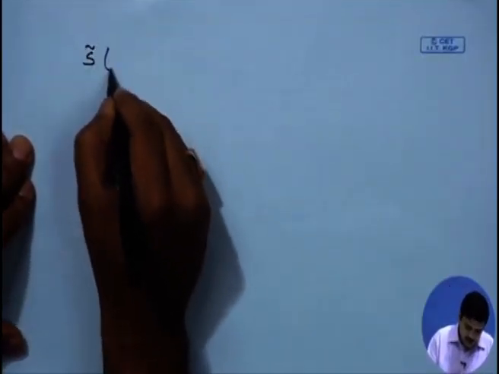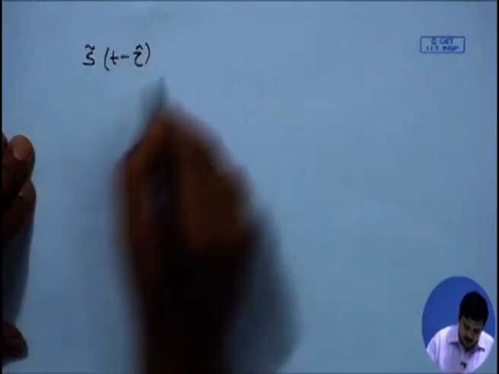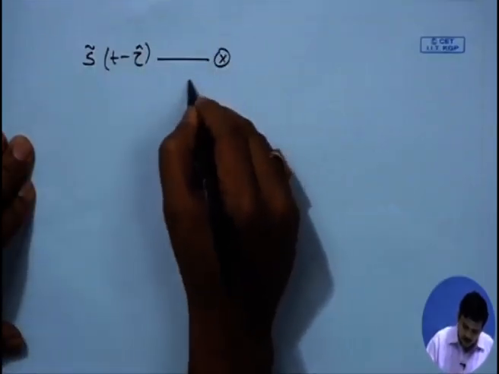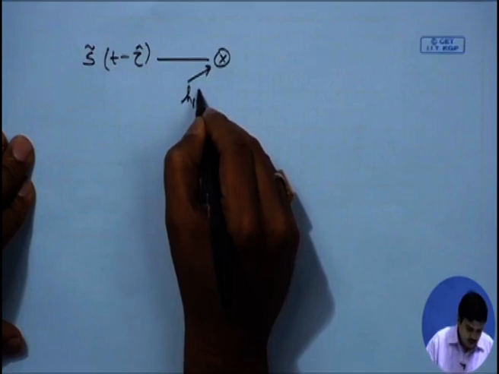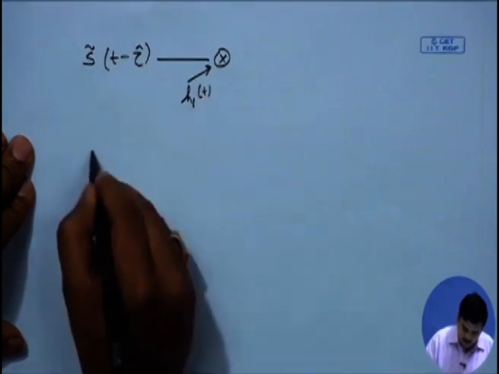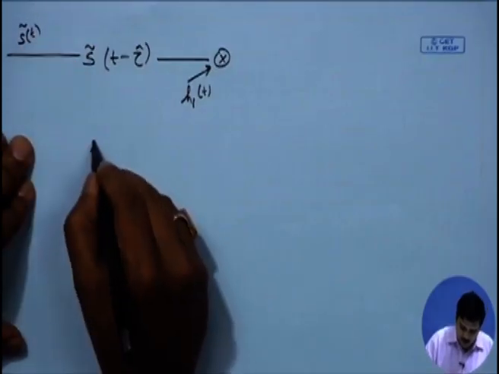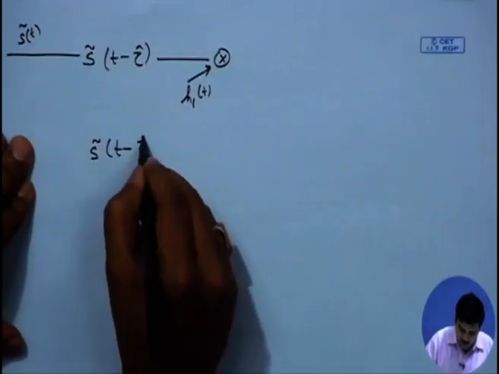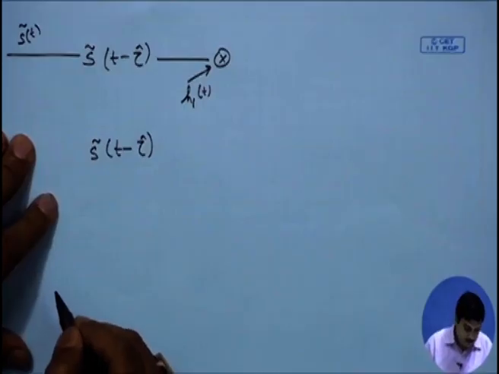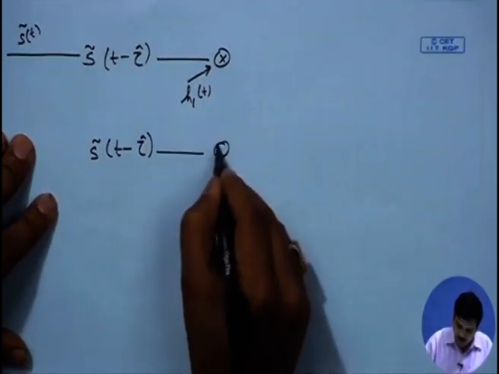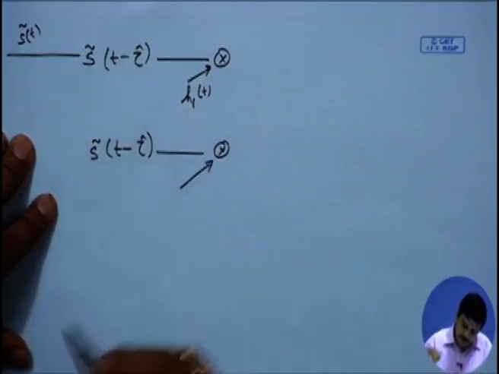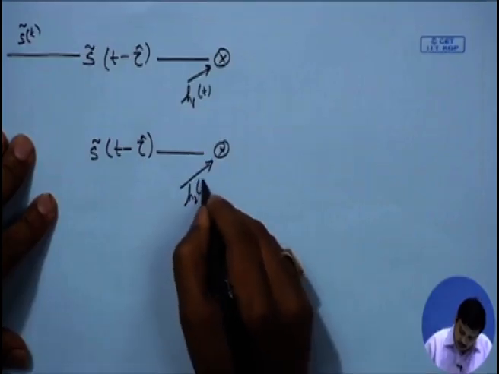So, what we have now is s tilde t minus tau cap getting multiplied by h 1 of t, of course s tilde t coming, s tilde again, look at this, t minus tau cap, because the delays are the same, but getting multiplied with h 2 of t.